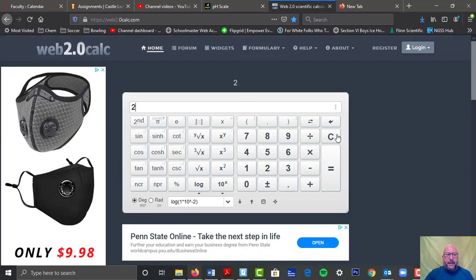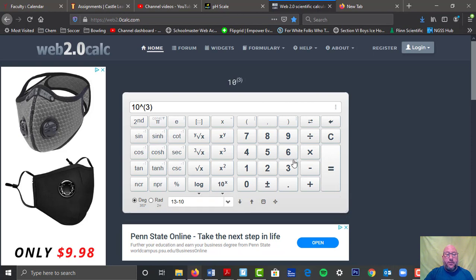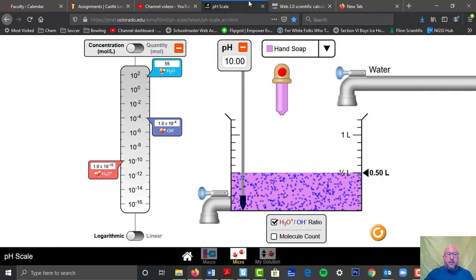Well, if we take those two numbers, 13, and subtract 10, I get 3. That doesn't mean it's 3 times more basic. We have to take 10 and raise it to the third power. It's 1,000 times more basic.